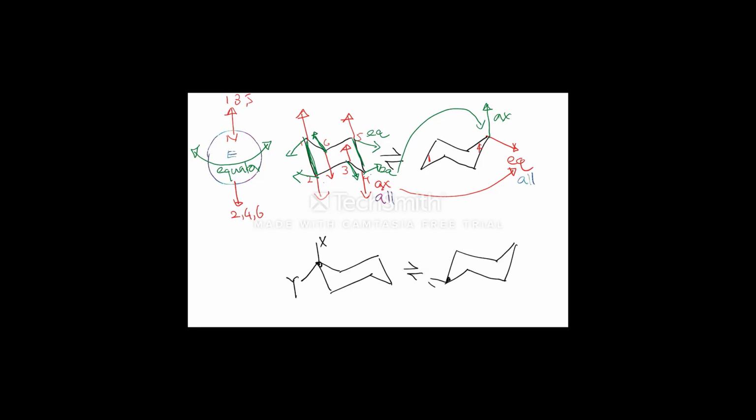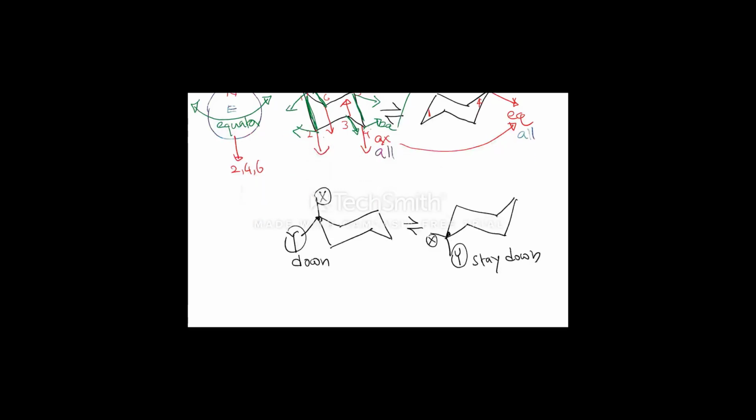I'm giving two generic labels. After the ring flip, X should be equatorial and Y should be axial. But remember, if you're down, you stay down, right? So that's the idea.